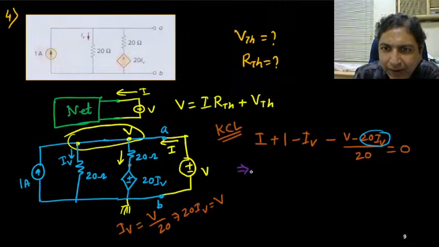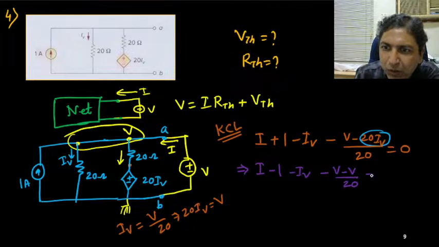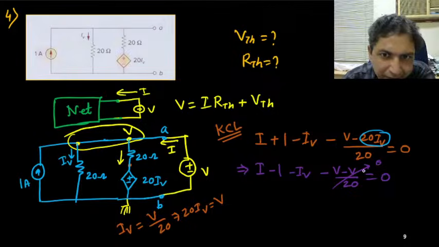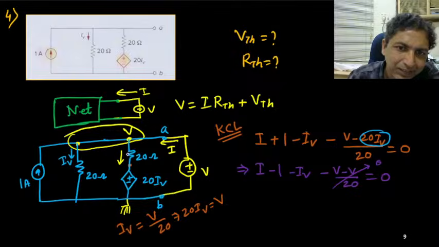So you can see here that this is capital I minus 1 minus IV, and this is minus V minus V by 20. So this is going to be 0. So this is 0. What is the meaning? There is no current flow through this branch. The potential, how it is mentioned here, 20 IV and resistances, it is happening that there is no current flow through this branch.